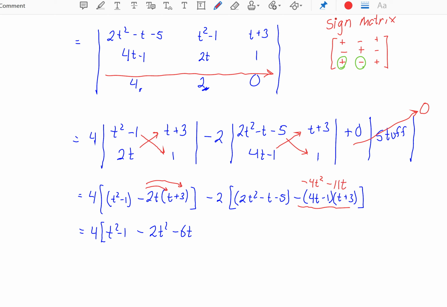And then negative 1 times 3 is negative 3, but times this would be plus 3. So I think we get here minus 2 times 2t squared minus t minus 5, minus 4t squared minus 11t plus 3.